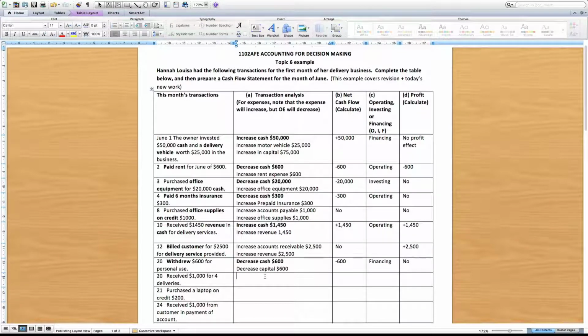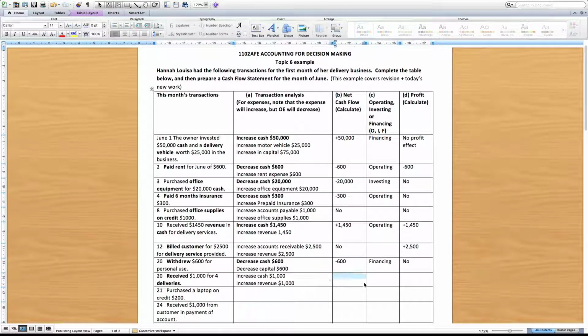On the 20th of June, we also received $1,000 for 4 deliveries. In other words, we received cash, so we'll have an increase in cash of $1,000, and we received that money for 4 deliveries. We're a delivery business, so that's our revenue. So we've also got an increase in revenue of $1,000.